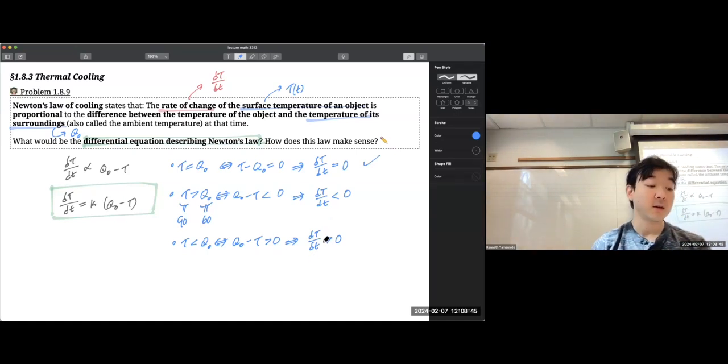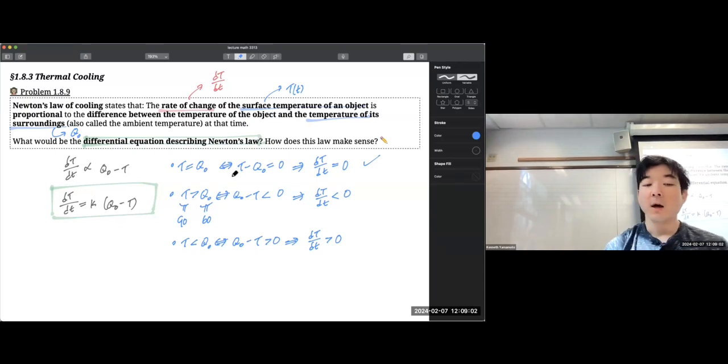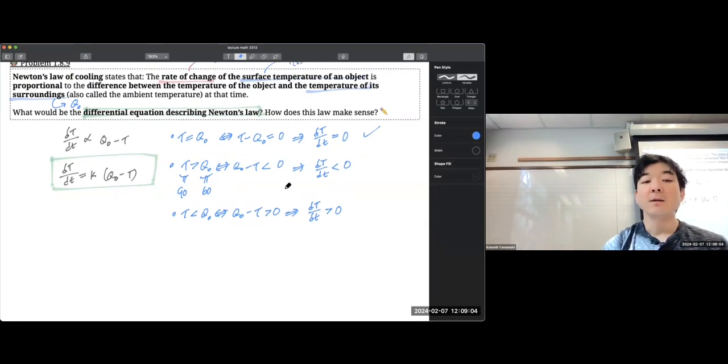And so your iced coffee will get warmer and a bit warmer and reach room temperature. So this verifies this green box does indeed describe the correct differential equation for Newton's law of cooling or heating. And we can use this to solve all kinds of questions.